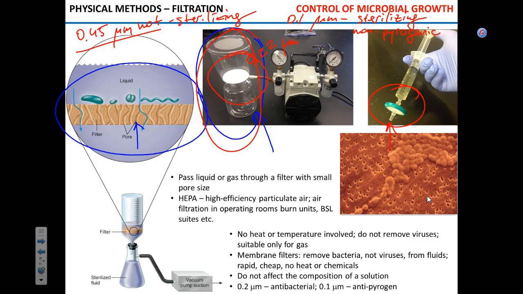Okay? Now that's fluids. What about air? There's a filter that is called HEPA, high efficiency particulate air. You can find it in hospitals, places like operating rooms or burn units. The movie that we watched yesterday, The Fragments, okay, BSL-4 units.